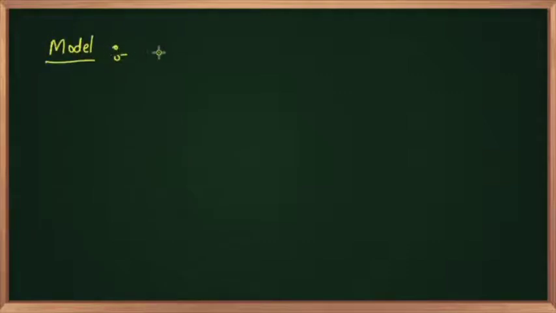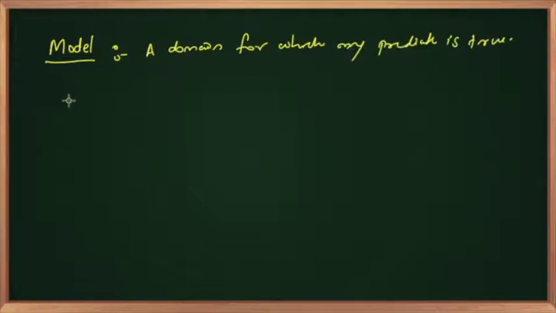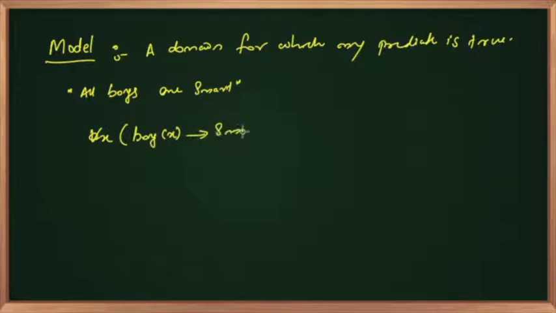So a model is a domain for which my predicate is true. For example, let's take the predicate saying that all boys are smart. So I can represent this predicate as for all x, boy of x implies smart of x.